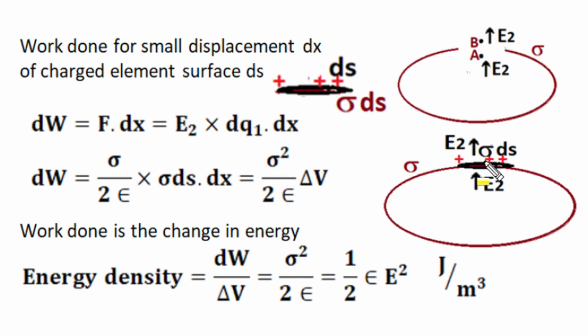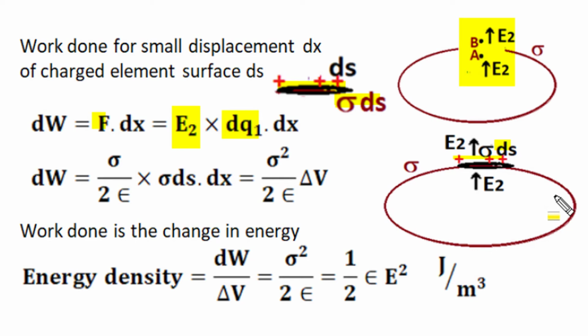On a flexible charged conductor sphere, charge will reside only on the outer surface with variable surface charge density, and elemental surface area ds has a constant surface charge density sigma and sigma ds charge on its surface. This elemental surface charged area is placed in the electric field of the remaining charge, which is E2, and will have force equal to electric field intensity multiplied by the amount of charge.